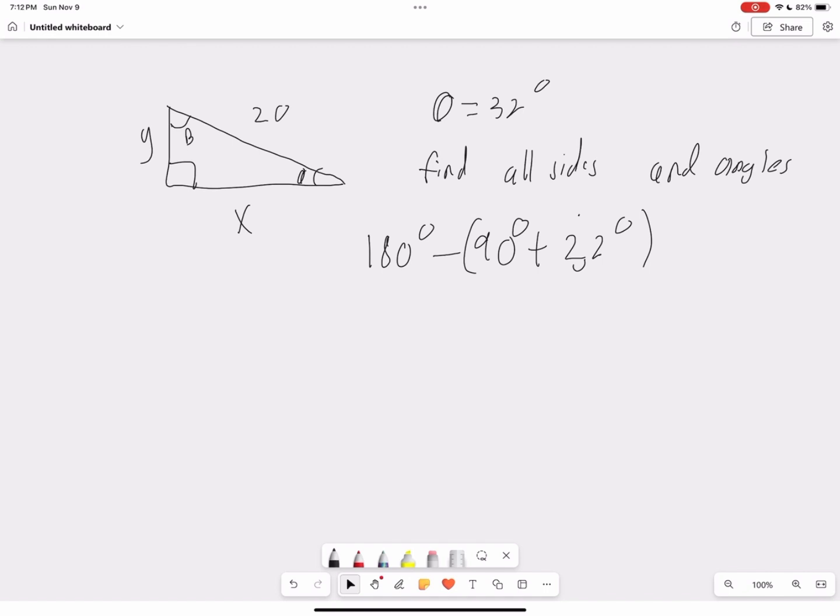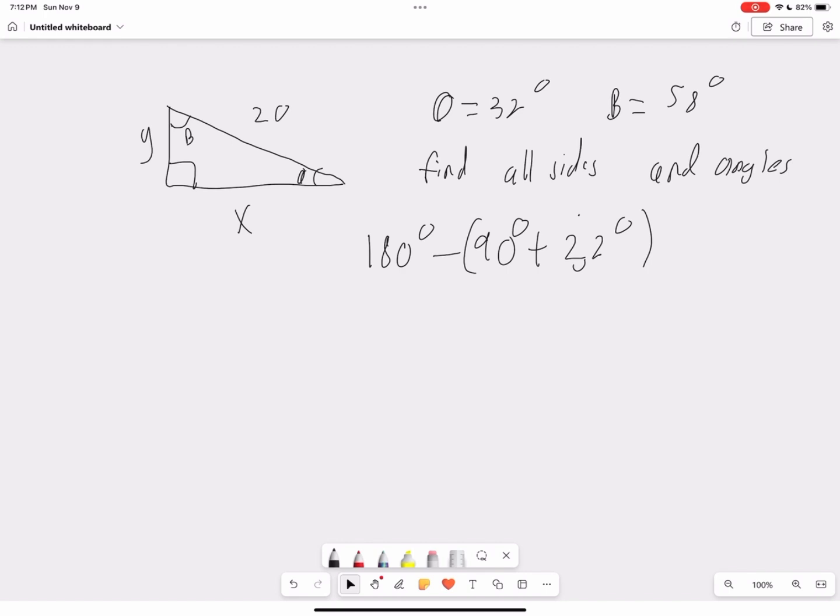If you compute this, you get that beta equals 58 degrees. Okay, good. So now we solved for an angle.